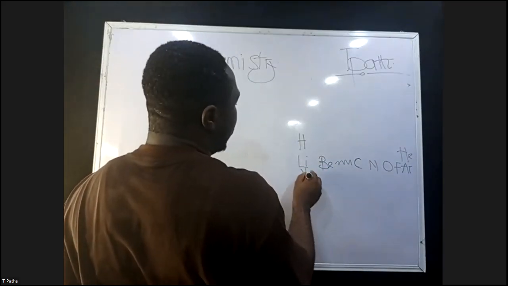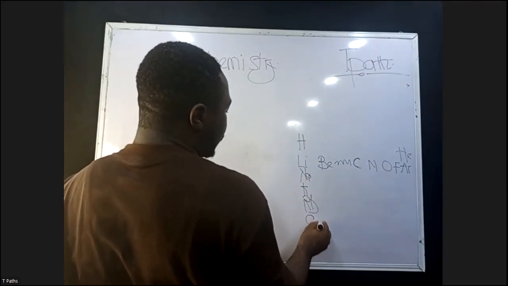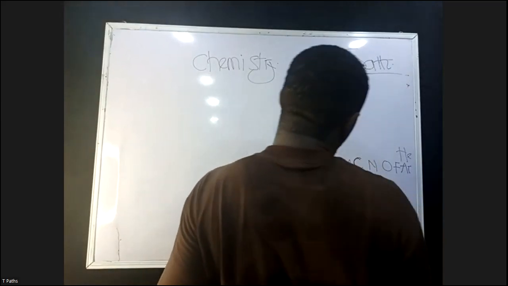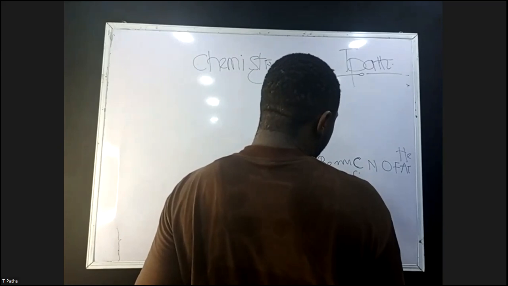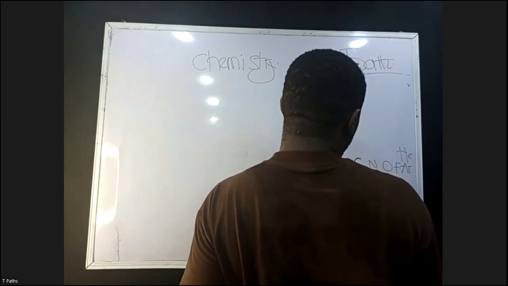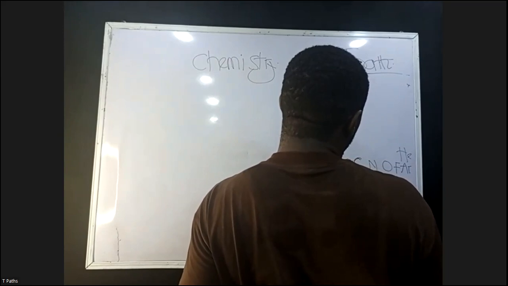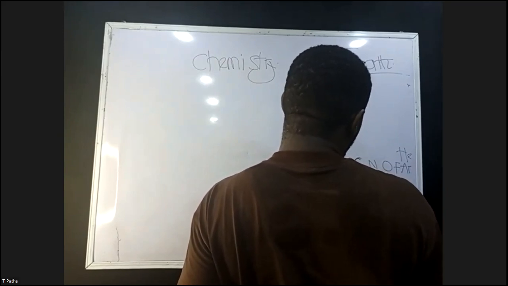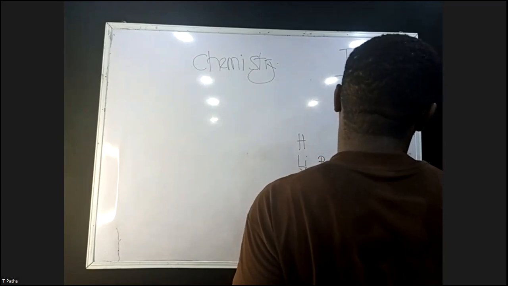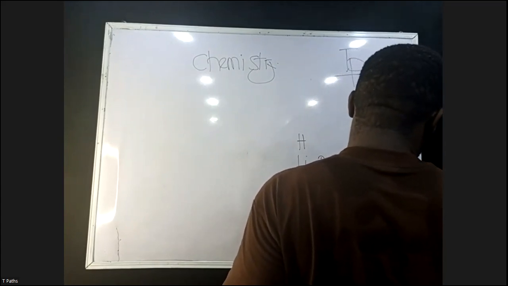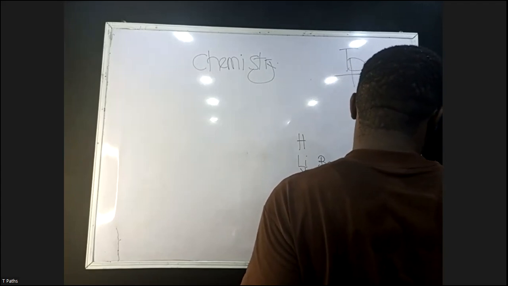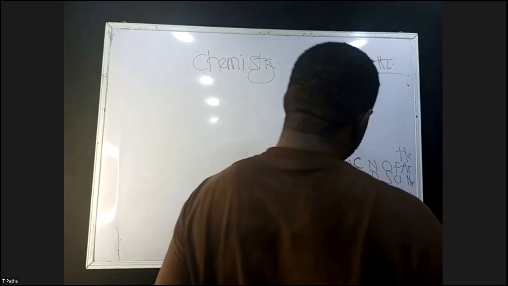Here we have sodium, potassium, rubidium, cesium; beryllium, magnesium, calcium, strontium, barium; carbon, silicon, germanium, tin, lead; nitrogen, phosphorus, arsenic, antimony, bismuth; sulfur, selenium, polonium; fluorine, chlorine, bromine, iodine; and the noble gases helium, neon, argon, krypton, xenon, radon. It's a rough sketch of your periodic table.